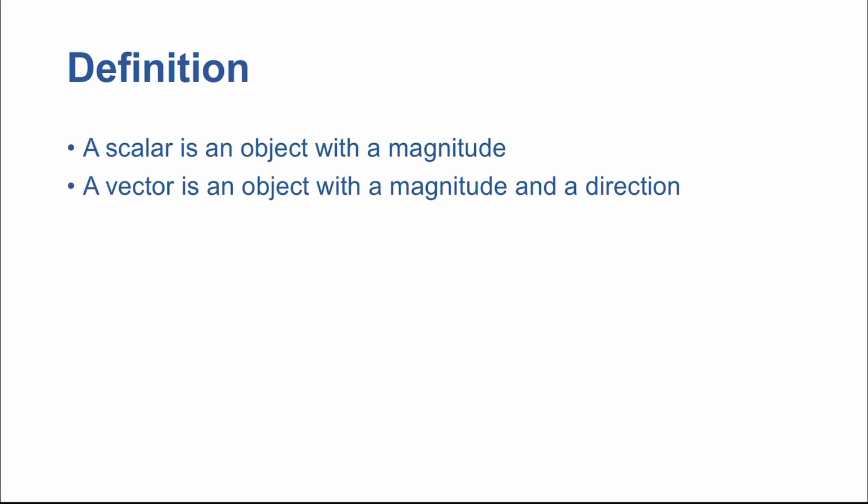So R is a scalar because, or if any number x is in R, then x is a scalar. And so it's a good way to think about a scalar.